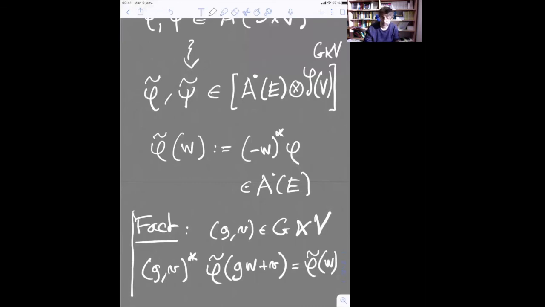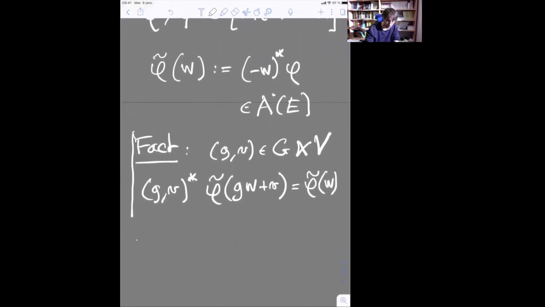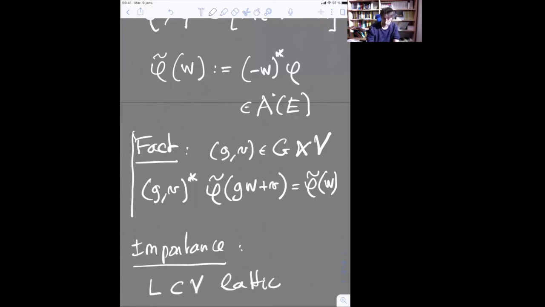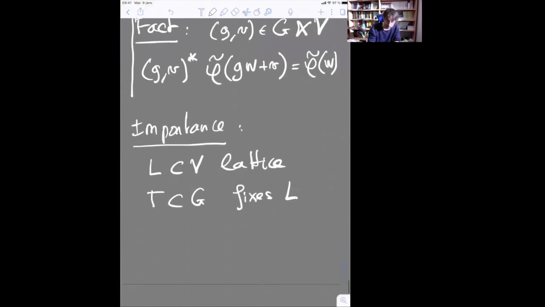And why is it important? So that's my conclusion. Importance of that. Because now suppose that L in V is a lattice, and gamma in G fixes the lattice L. Then you can form a theta series.